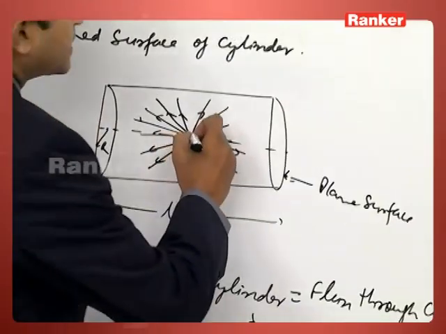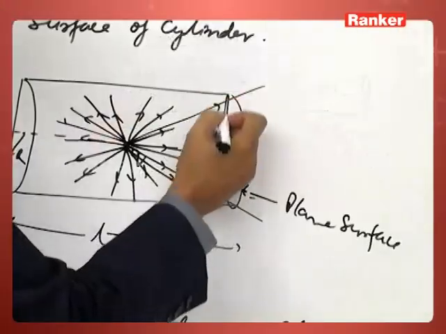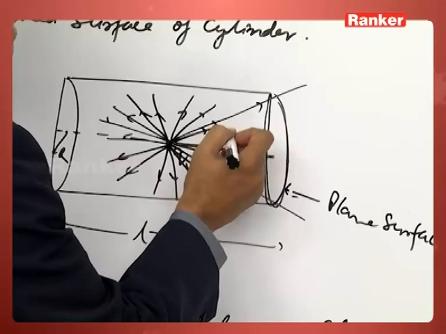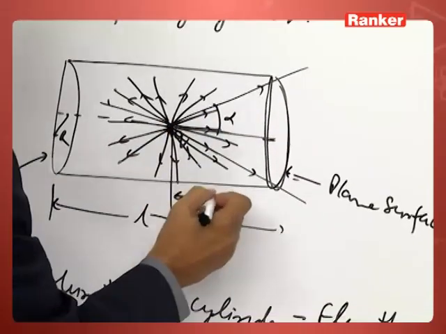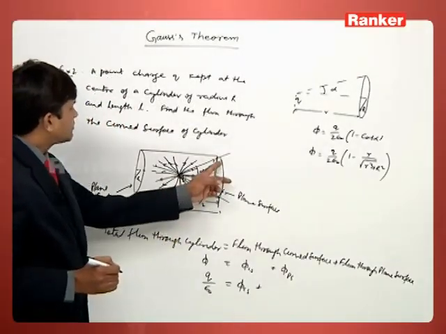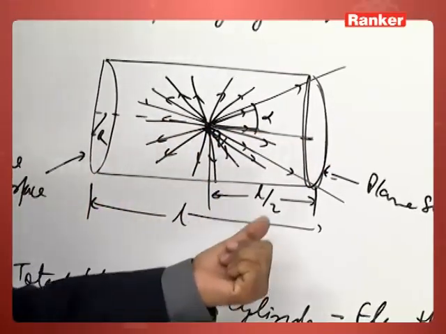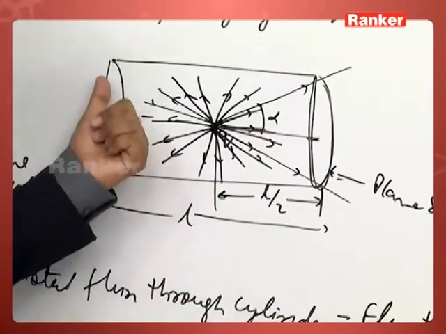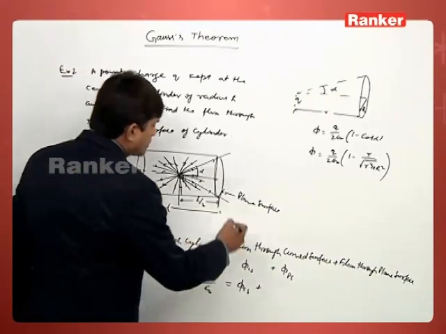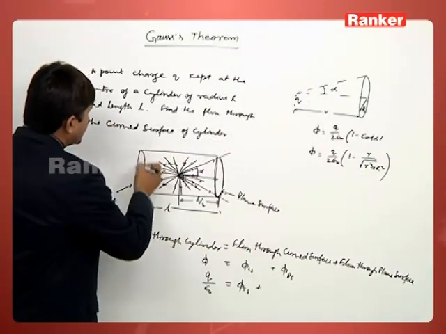In the case of the plane surface, this is again a very similar case to the one we found here. This is just like a ring, and through this ring we want to calculate, and this angle we can say is alpha, and this is L by 2. Since both plane surfaces are symmetrically placed from the point charge Q, the lines of force passing through this plane surface and the other will be equal, so whatever the flux from this part, the same amount of flux comes from the other part also.